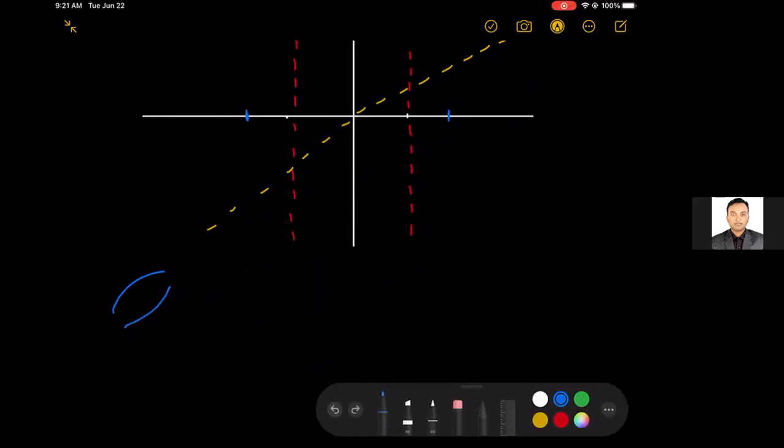Okay, now the question would be, which one should I pick, right? And for that, we need concavity. If we know whether it's concave up or concave down, then we can actually do it easily. So for that, one way is to find the second derivative and set that to 0, and then solve it for x, right?